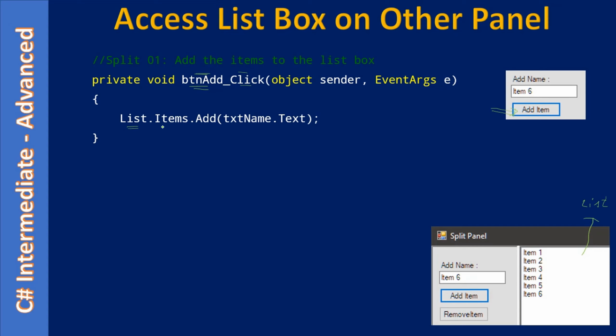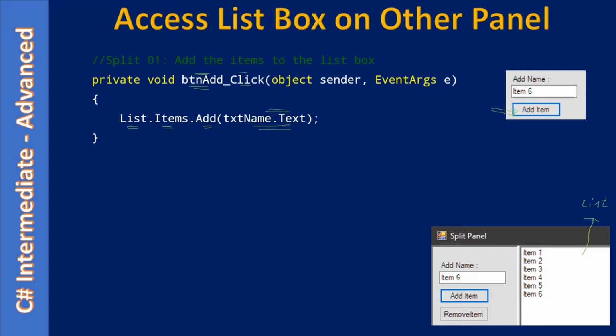List items is a collection here, dot add. So we are making call to the add method of the collection that is tied to this list box, and the list box is staying in panel 2. Then we are taking the text box content and we are giving that to the add method. So ultimately this will add the item.